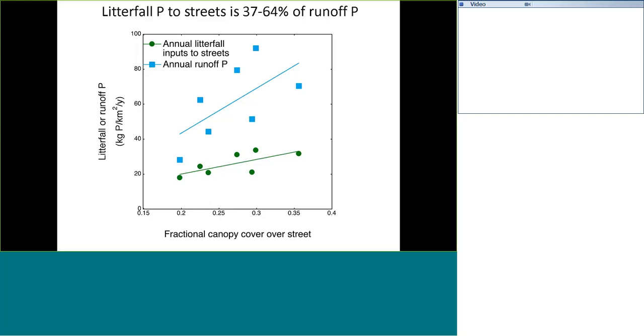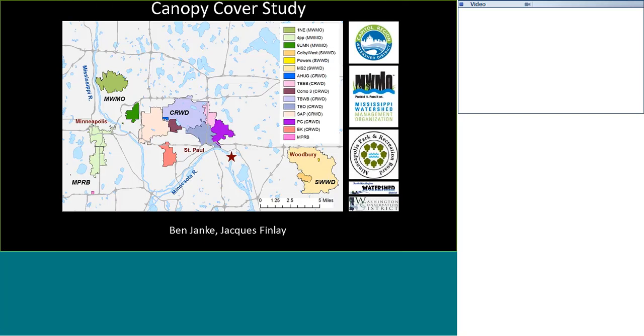But the main point I want to emphasize is that we're estimating that somewhere between 37 and 64% of the runoff P in these watersheds is coming from litter fall into the streets. I should mention that in this analysis, I accounted for what's removed during the twice yearly street sweeping that's done in these subwatersheds. So we think that a substantial fraction of the runoff P is originating from litter fall.